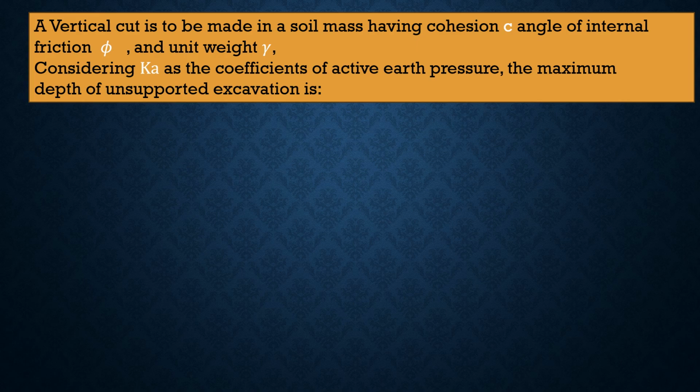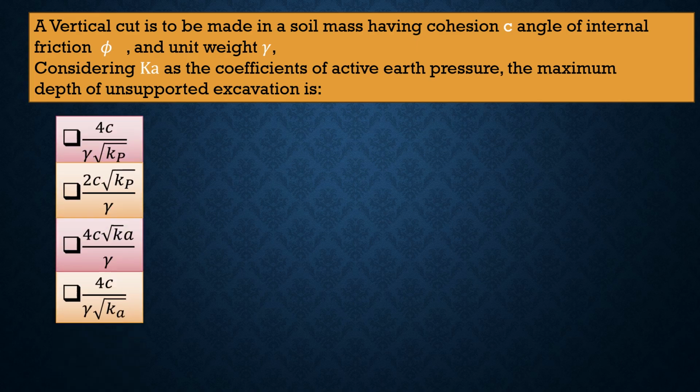This is one question related to earth pressure. A vertical cut is to be made in a soil mass having cohesion C, angle of internal friction phi, and unit weight gamma. Considering Ka as the coefficient of earth pressure, the maximum depth of unsupported excavation is... Here they directly ask about the maximum depth of unsupported excavation, and this is the formula.